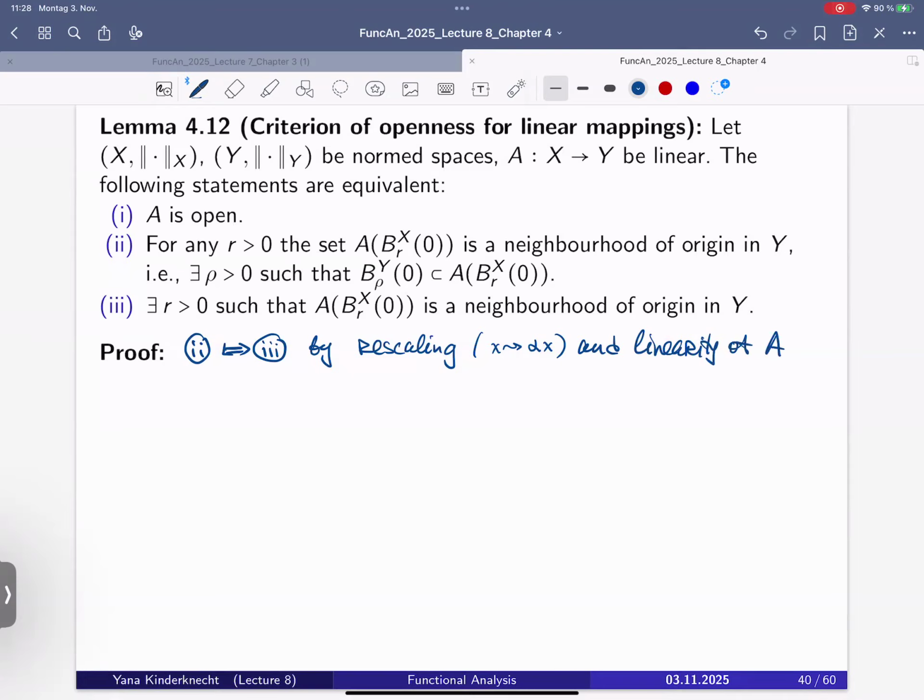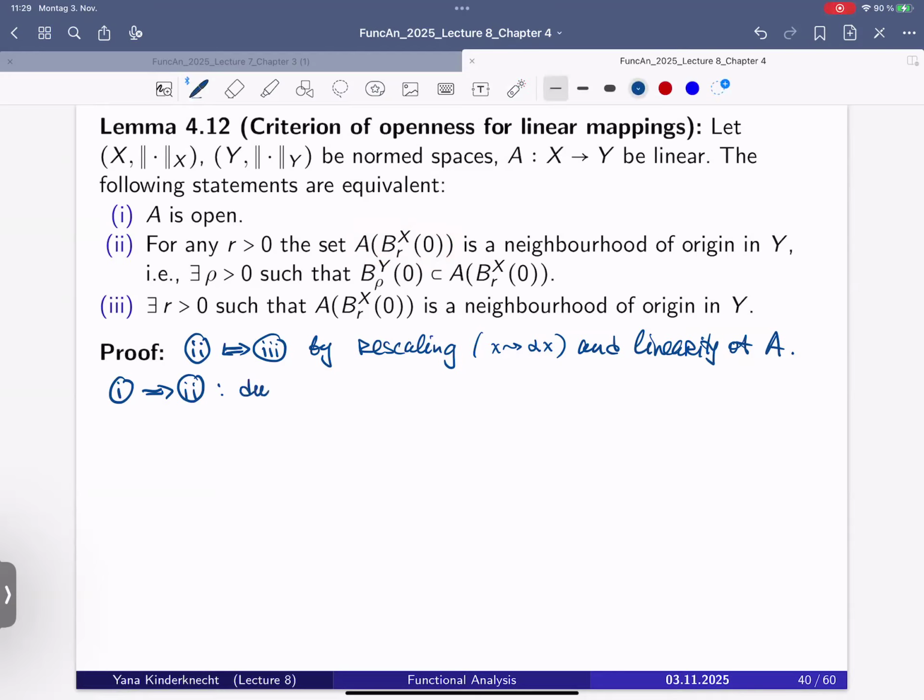And now let me show that 1 implies 2. So what is 1? A is open. What does it mean? That this is an open set, and since A is open, the image of an open set is an open set.